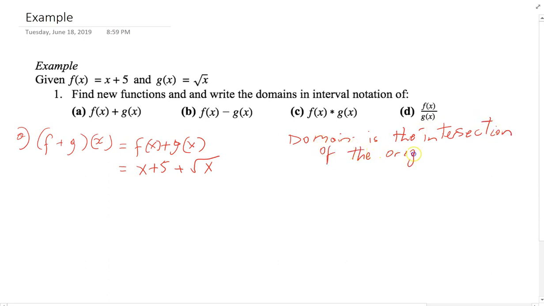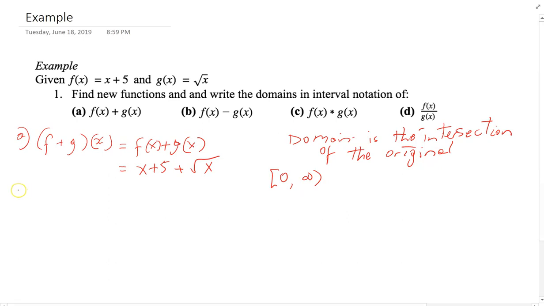That would be the intersection of f of x and g of x. So we know f of x, the domain was negative infinity to positive infinity, and g of x was 0 to positive infinity, so they intersect at 0 to positive infinity, right? And the intersection would be bracket 0, comma, infinity, parentheses.